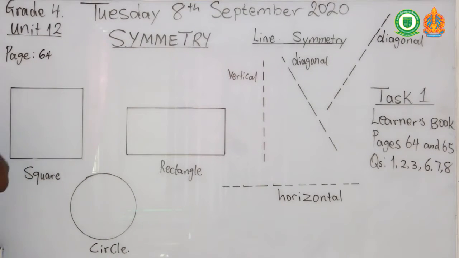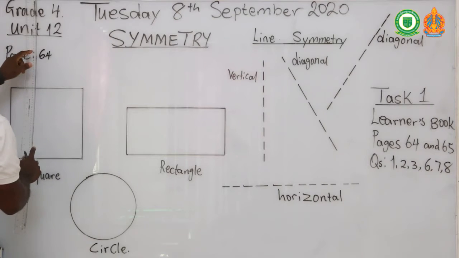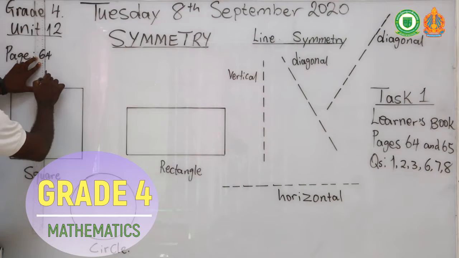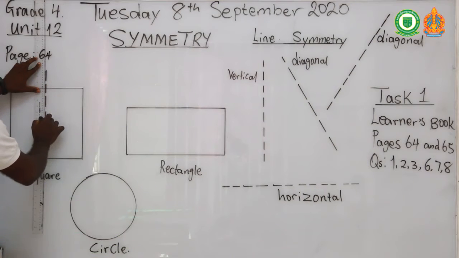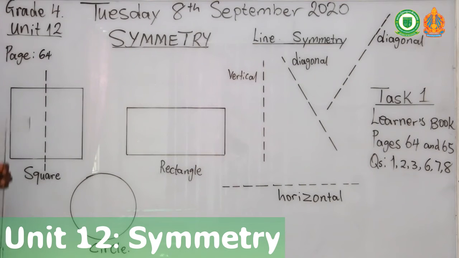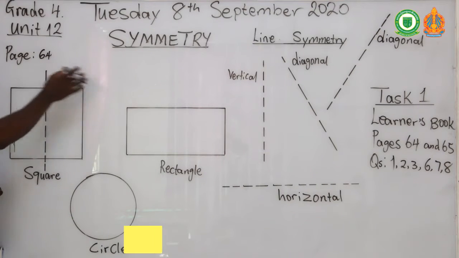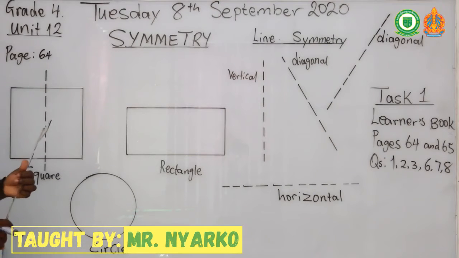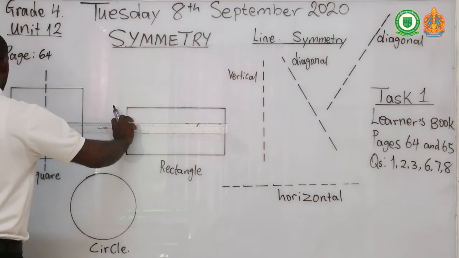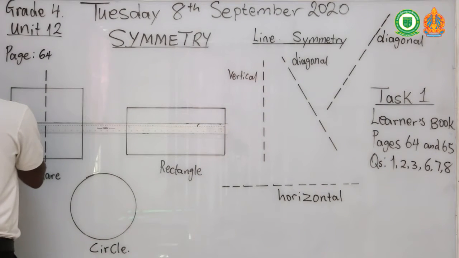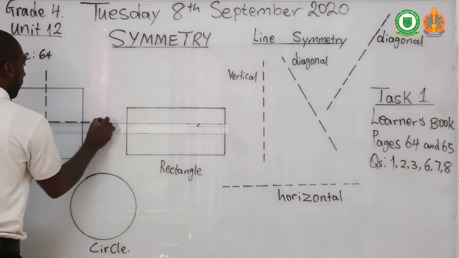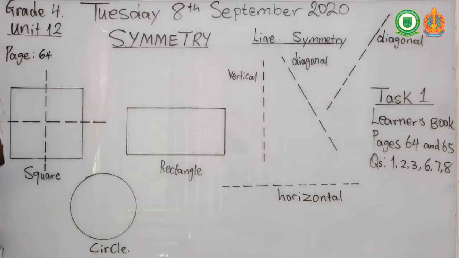So let's use our long ruler so that it's easy. Okay, so we take this, so we take an equal half. Okay, so this will be our first line of symmetry. That means we are using the vertical to make our line of symmetry. Okay, so we have another one.